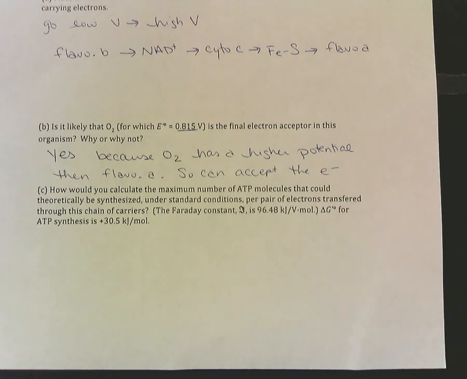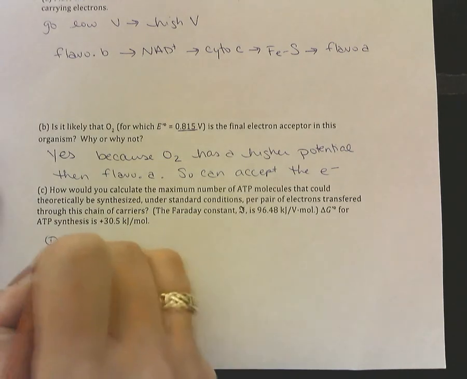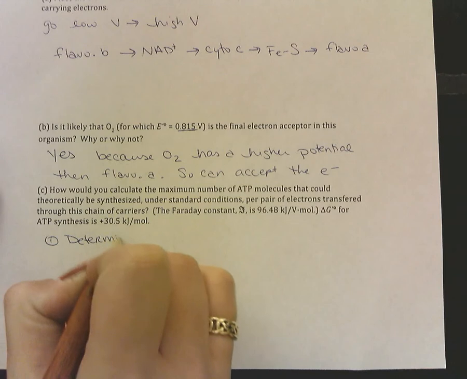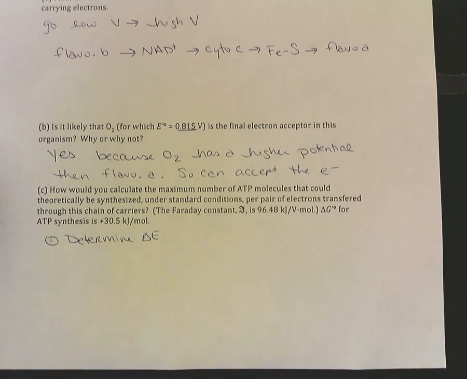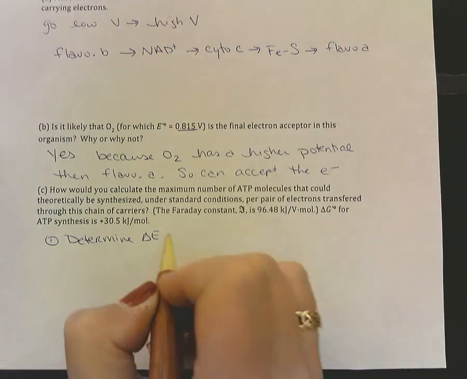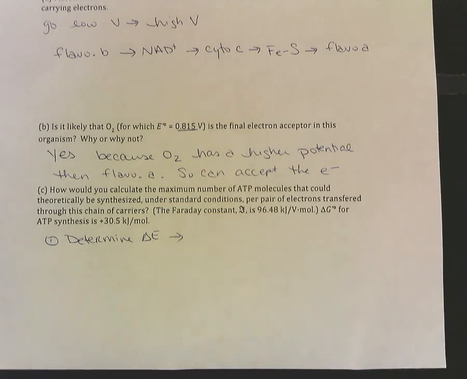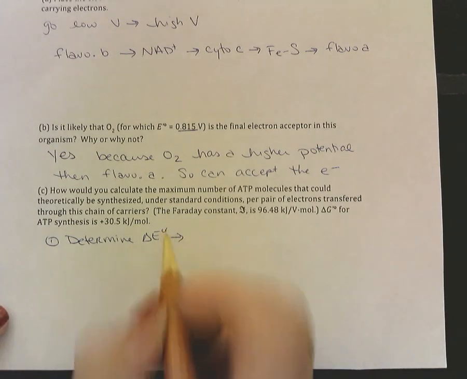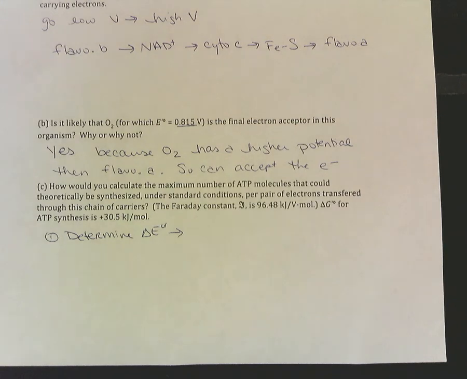First, we have to figure out what the overall delta E is, and then convert from E to G. So the first thing we have to do is to determine delta E. Should be E0 prime.